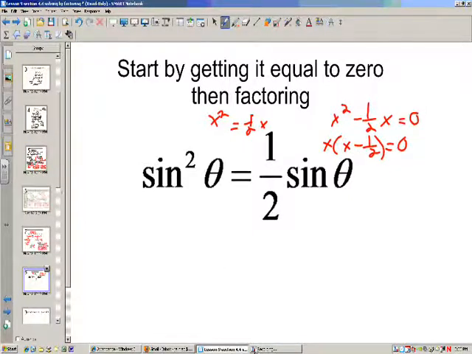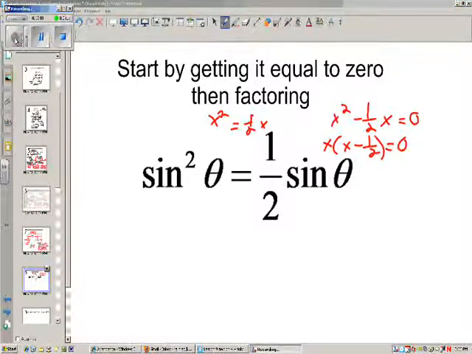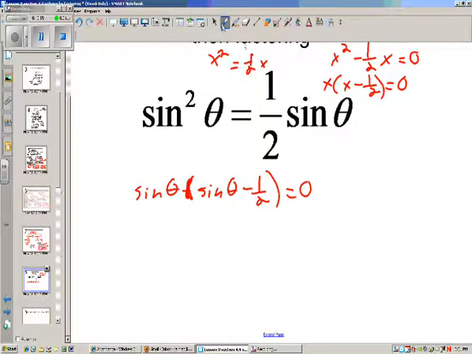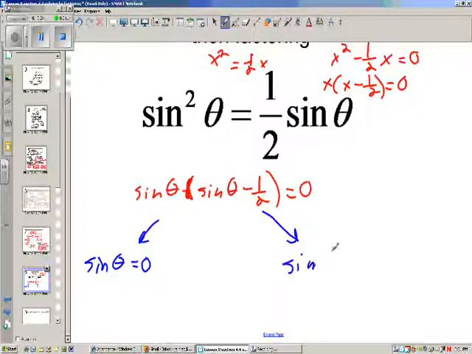So to do this, if we put sine in for x, we have sine of theta, parentheses, sine of theta minus 1/2 is equal to 0. We set these into two equations where we have sine of theta is equal to 0, and then sine of theta minus 1/2 is equal to 0.